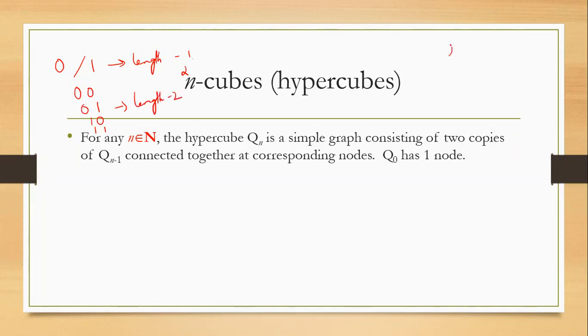Similarly, when we have length 3, we will get 8 such combinations of zeros and ones for a binary string. So basically your n-cube denotes this binary string; the vertices denote the binary strings.